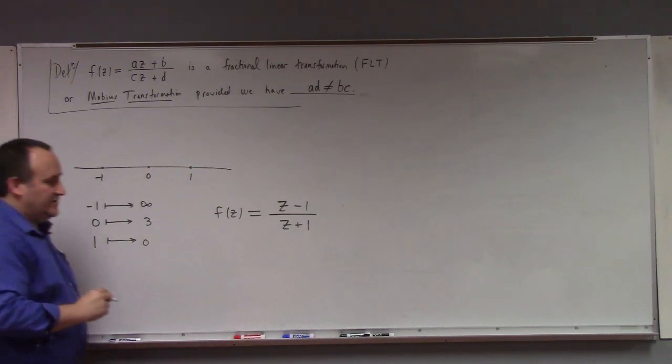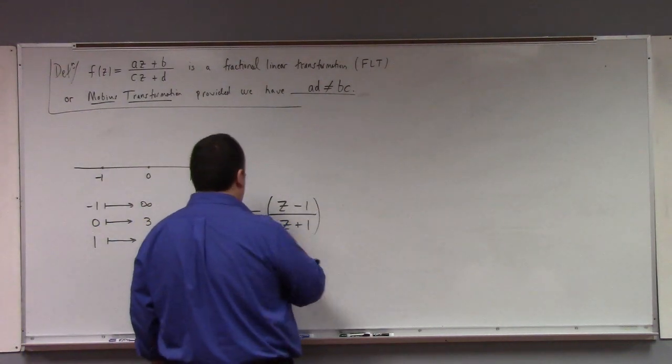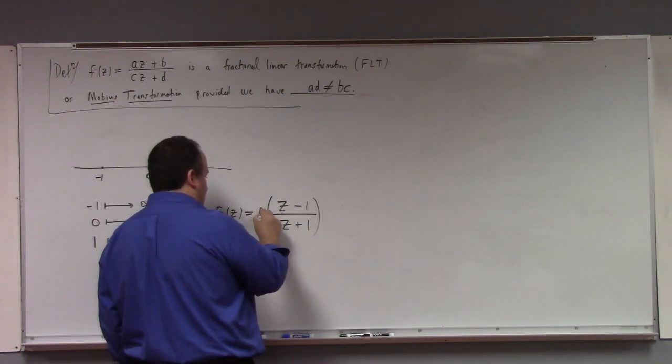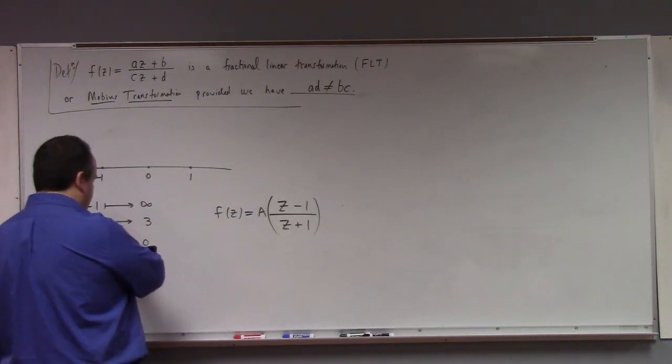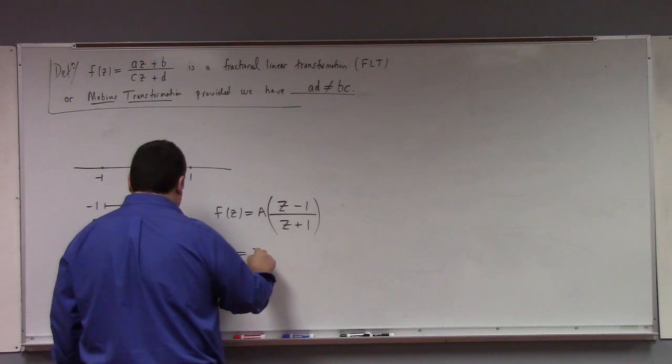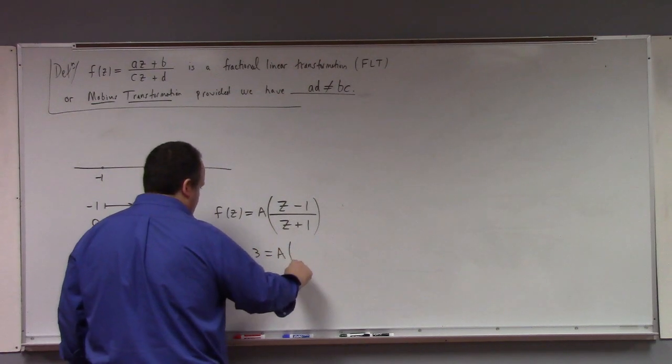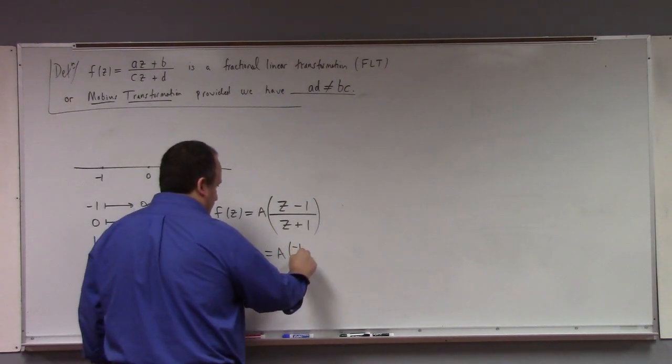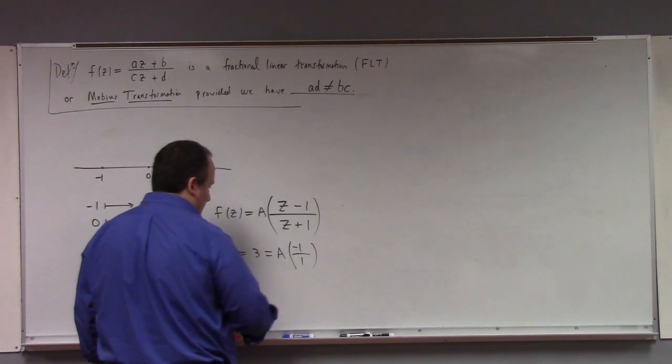Now, these two things can be achieved while simultaneously rescaling by a. So to find a, I plug in 0. So I've got, that's 3, and that's a times -1 over 1, apparently.